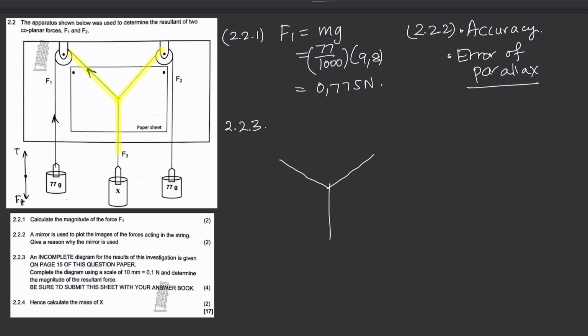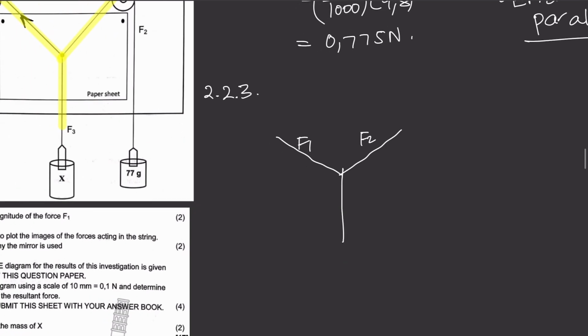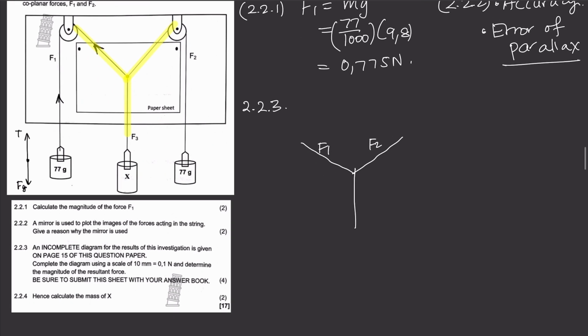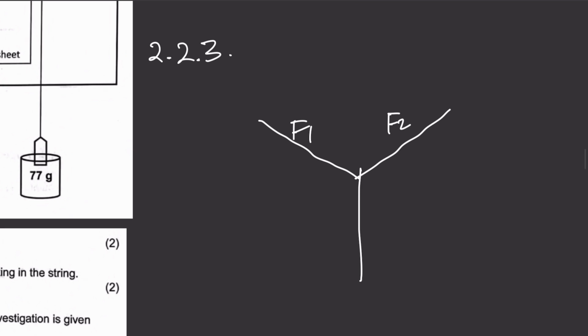So you know what F1 is. You can work out what F2 is, and then by doing so you can work out what the F net is. We worked out that F1 is 0,775. So you use your scale and you draw this line in.